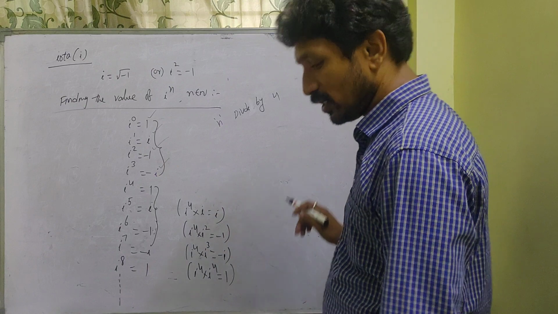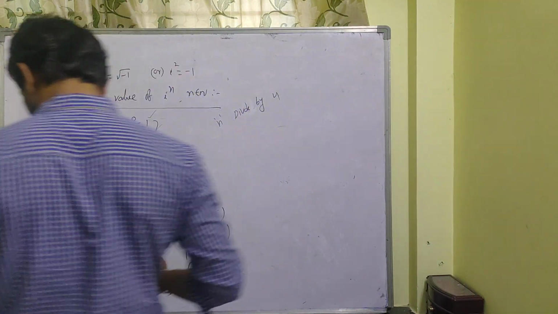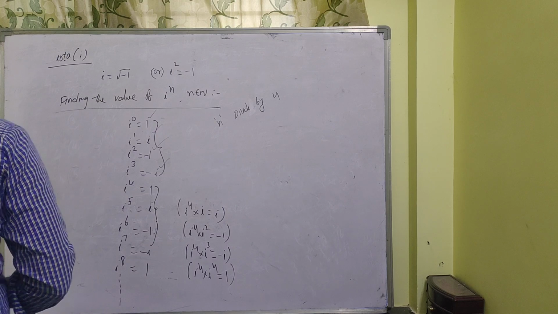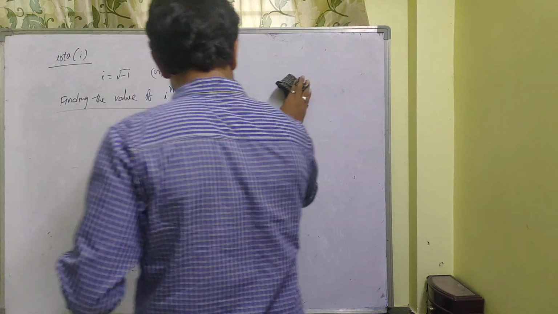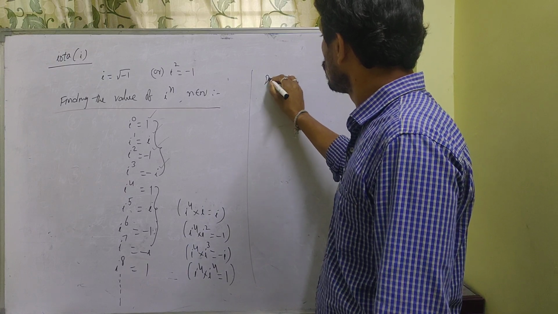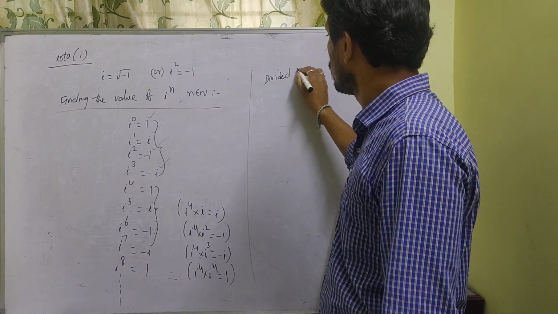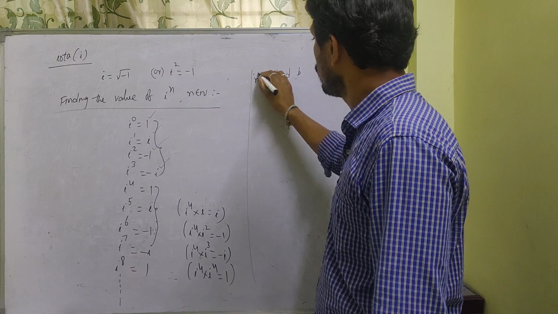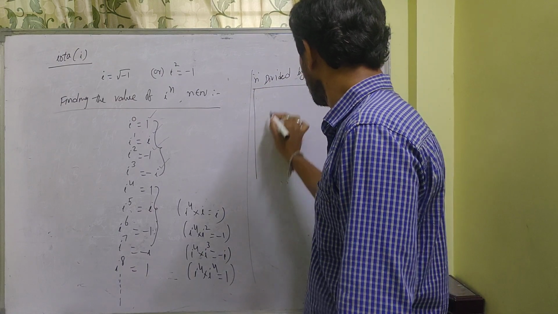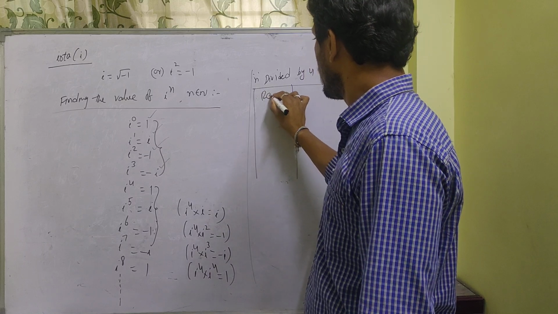So that's why I give one table for this. n divided by 4, see the remainder.